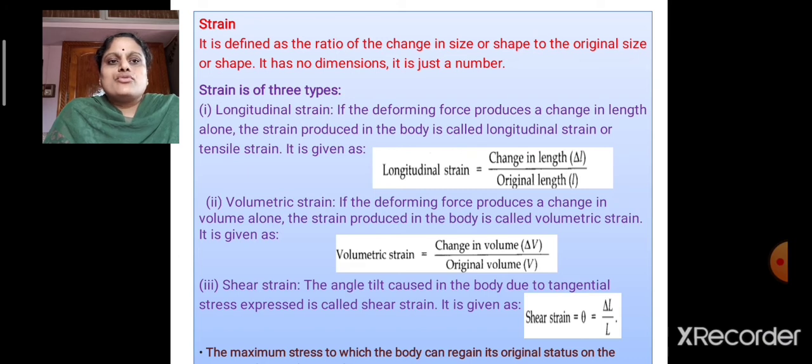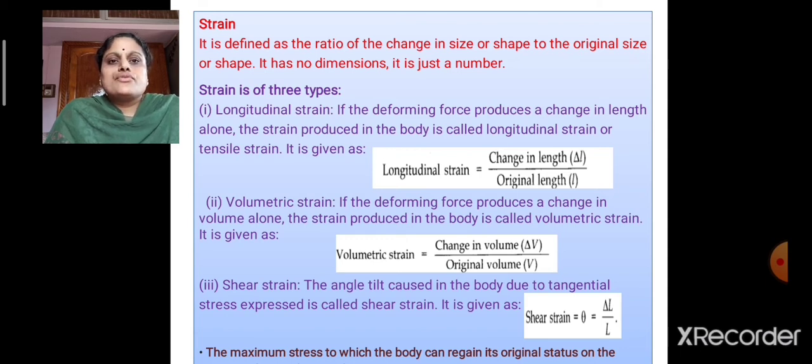If the deforming force produces a change in volume alone, the strain produced in the body is called volumetric strain. It is given as change in volume divided by original volume, which is equivalent to delta V by V.